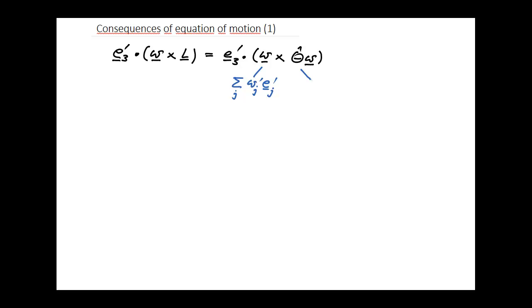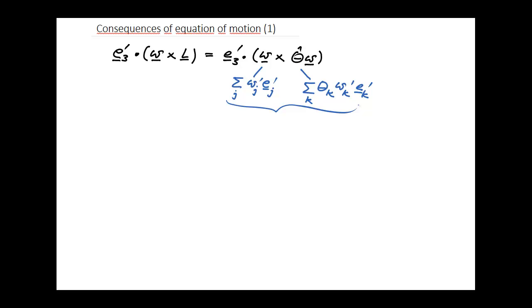But we said that we choose the basis, the body fixed frame, such that the basis vectors are eigenvectors of the moment of inertia. So theta acting on a basis vector, e prime, gives eigenvalue times that basis vector. And hence theta acting on omega gives, with a different summation index now, sum over k, theta k, omega k prime, ek prime.